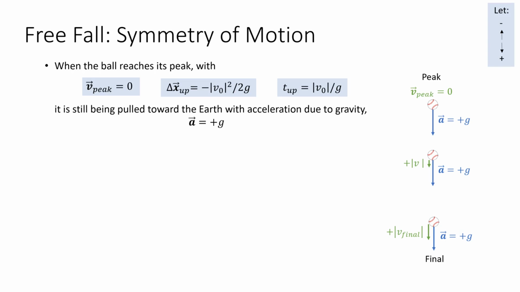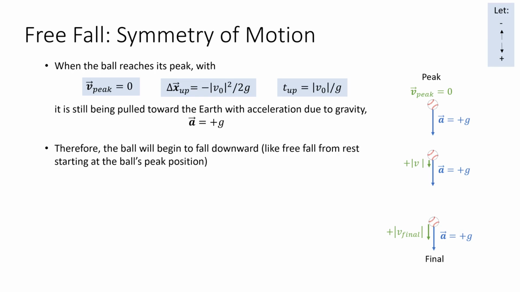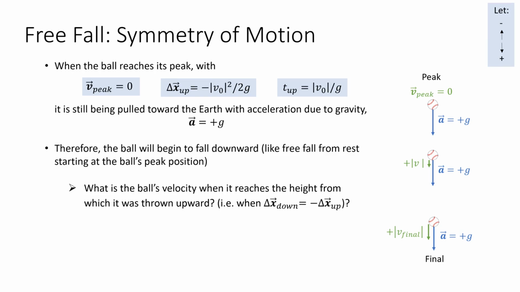And so we want to now study this downwards trajectory. So what happens as it falls back down? Okay, so how do I do that? What questions do I want to answer? I want to answer the questions, what is the ball's velocity when it reaches the height from which it was thrown? And so when it gets back to the place that you threw it from, basically.